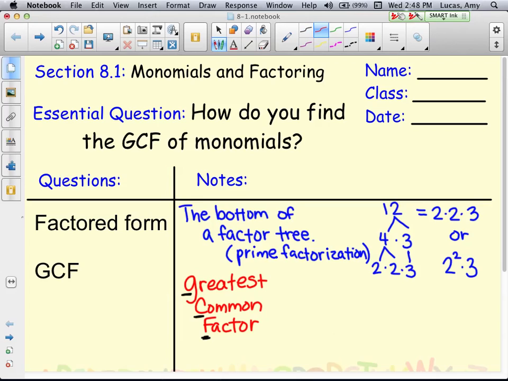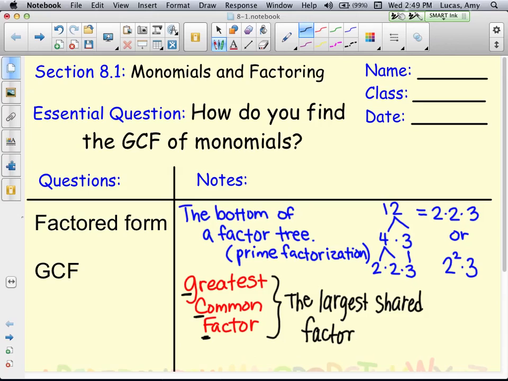So it's the biggest factor that is shared. So it's the largest shared factor, and it could be of 2 or more terms.